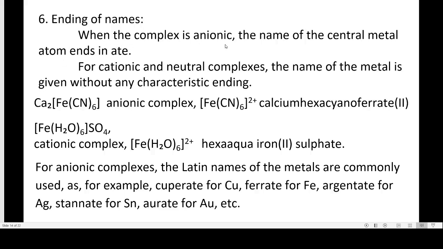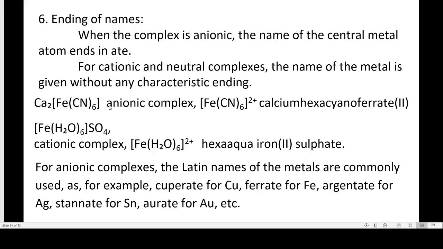When the complex is anionic, the name of the central metal atom ends in ATE. For cationic and neutral complexes, the name of the metal is given without any characteristic ending. If it is iron, it is iron; cobalt, cobalt. But in anionic complexes, iron is written as ferrate.